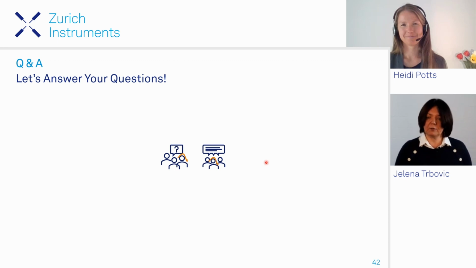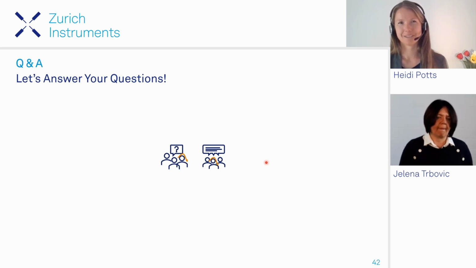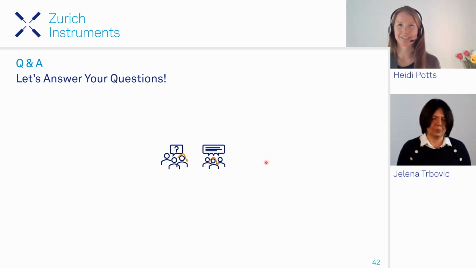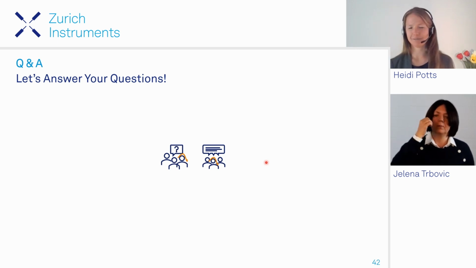Another interesting question for Heidi: is it possible to apply pulses to these signals that you send via lock-in amplifier? I guess it's a question for the UHF-LI. This is probably related to more evolved qubit characterization, where you want to apply individual pulses.